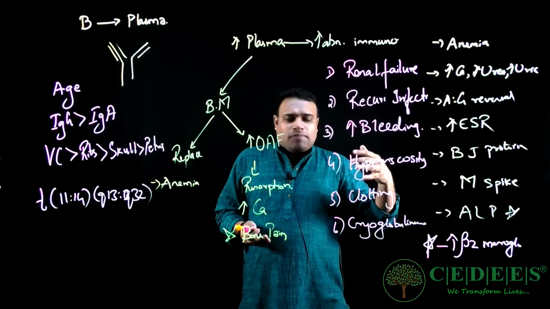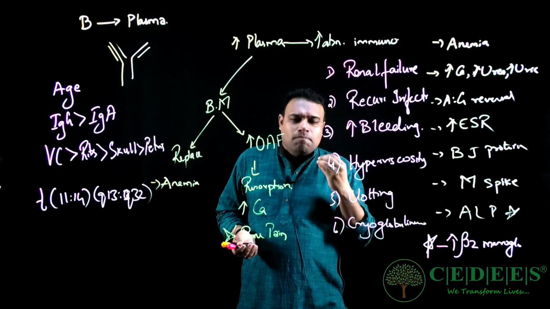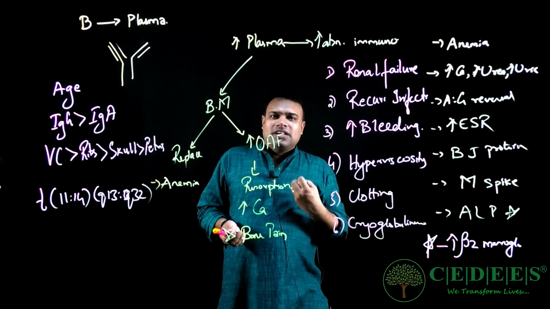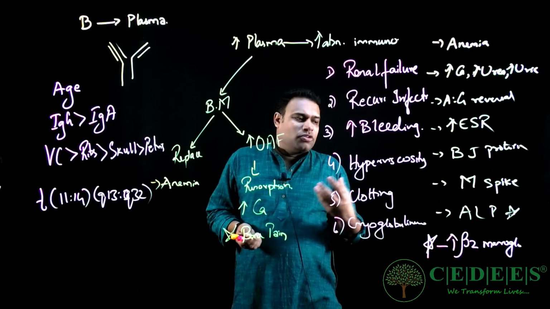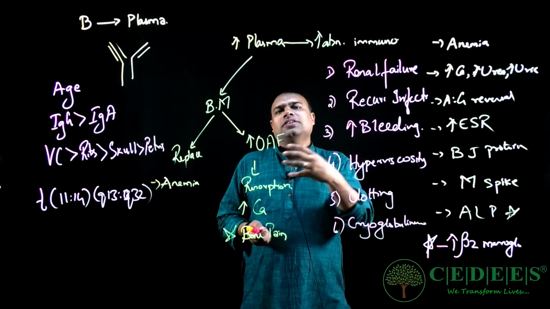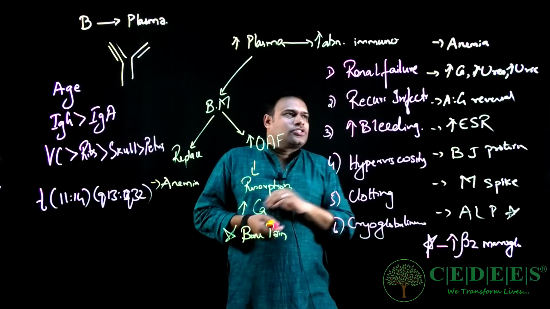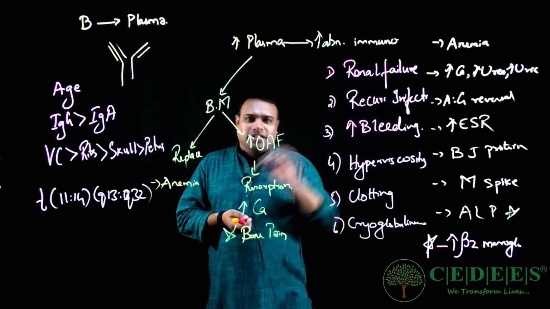That means severe. So what you have to remember is, the more beta-2 microglobulin, the more severe the disease, and the poorer the prognosis. I hope these few things, for diagnosis, are the serum factors.